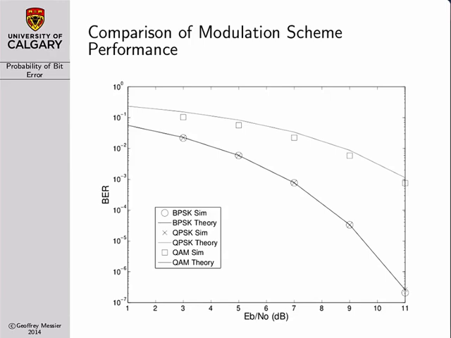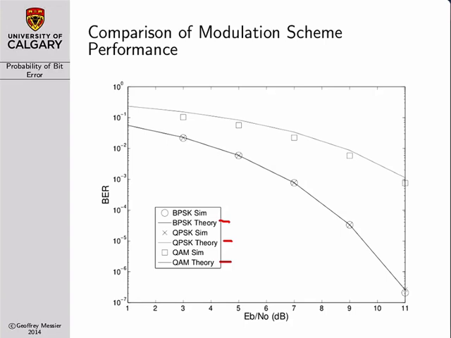The theoretical results are shown by solid lines. Those are plots of the equations that we derived in the previous slides. And then the points, the circles show the simulated BPSK, the X's show the simulated QPSK, and then the squares show the simulated QAM.